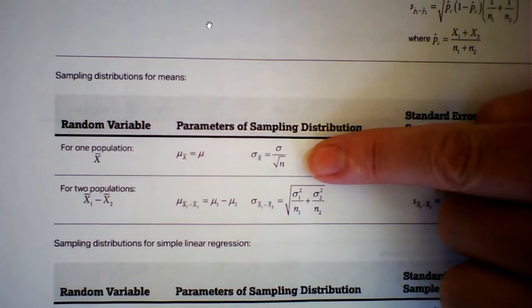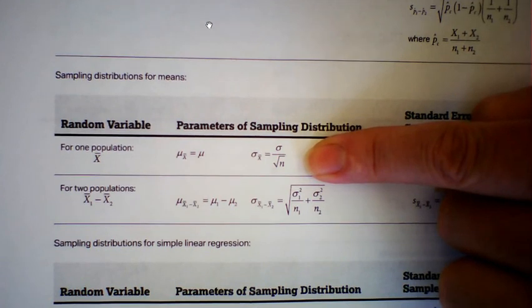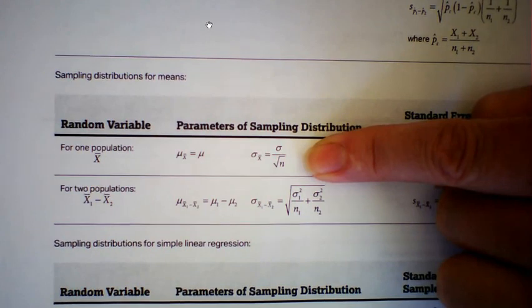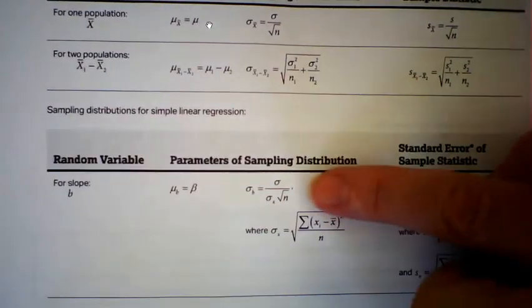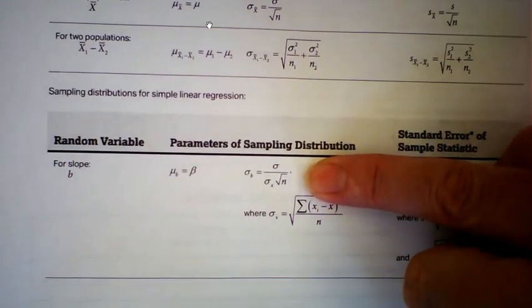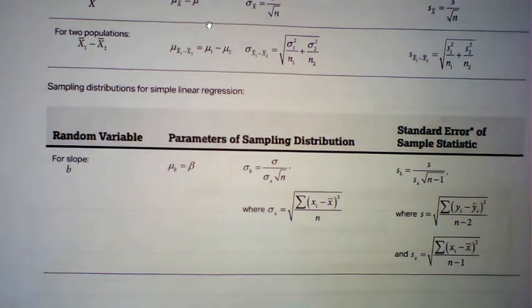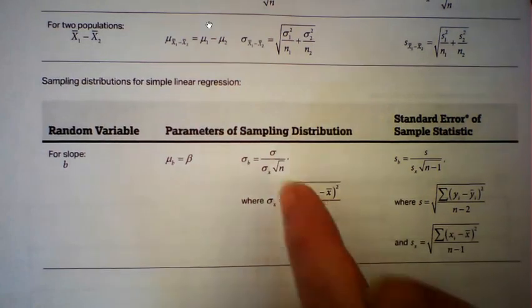It is very rare that you would actually have the standard deviation of the population. If you did, you probably really know everything about that population. So realistically, that's probably not going to happen, that you have the population value for slope to be able to put in there.